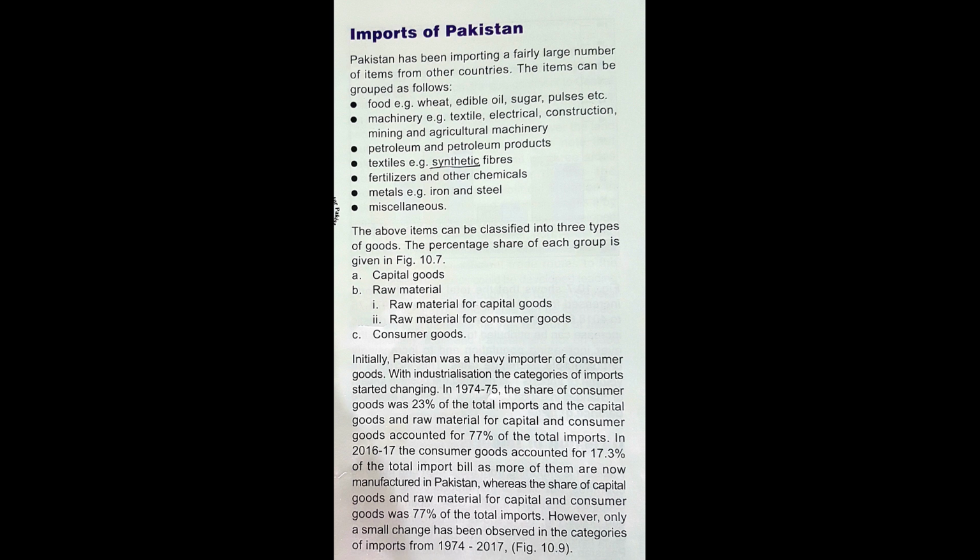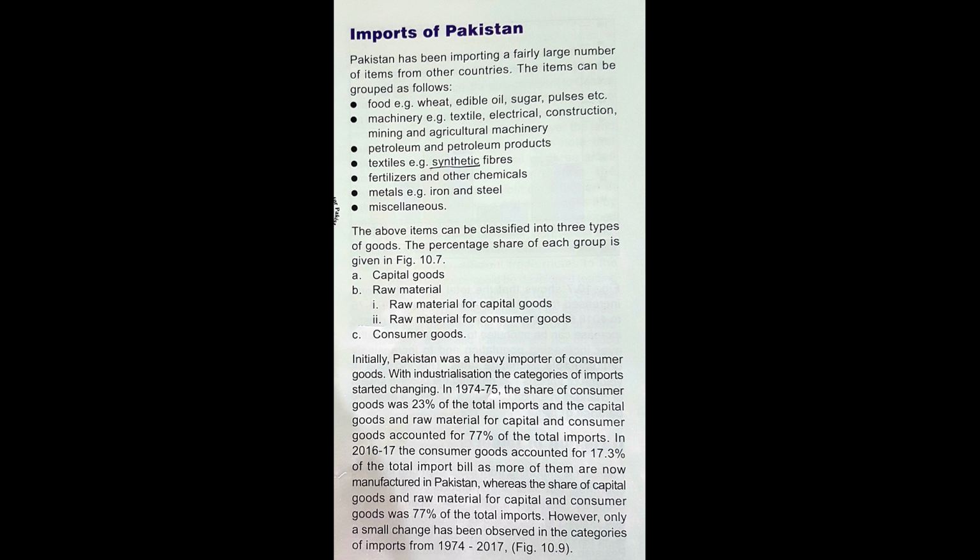Initially, Pakistan was a heavy importer of consumer goods. With industrialization, the categories of imports started changing. Pakistan was importing a huge amount of things, but with the passage of time, as we established different types of industries in our country, the amount of imports decreased.